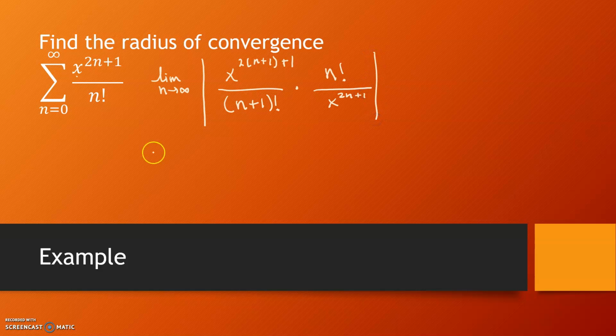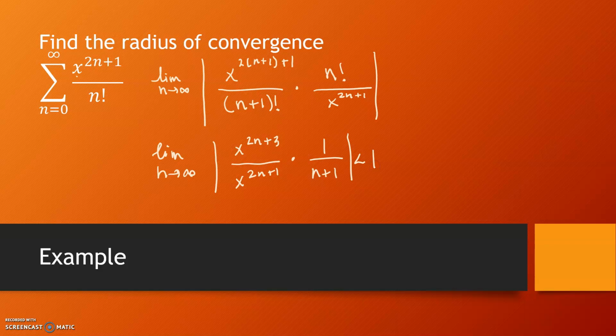I'm going to gather my like terms again. 2n plus 3, right? And then my factorials cancel, and I get 1 over n plus 1. And I want to make sure this limit is less than 1. All right. What I notice is that this goes to 0.